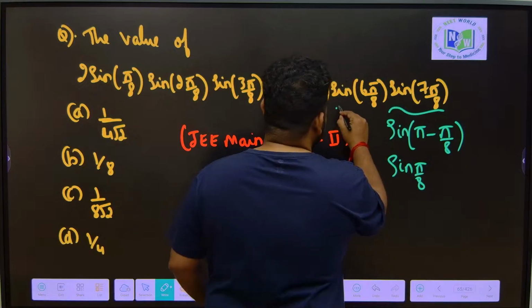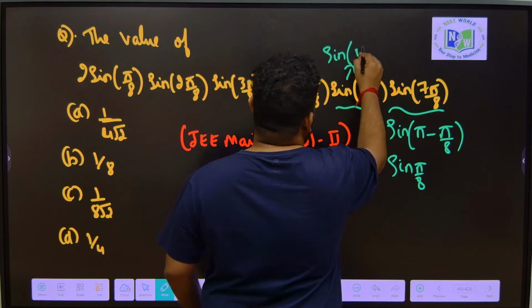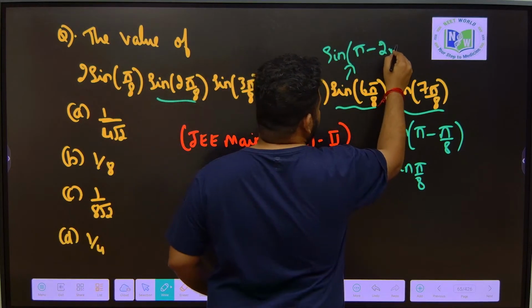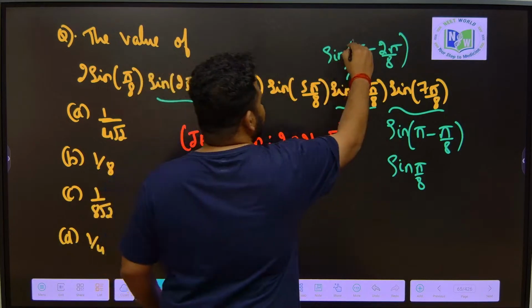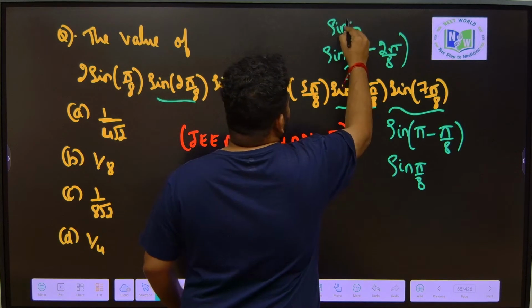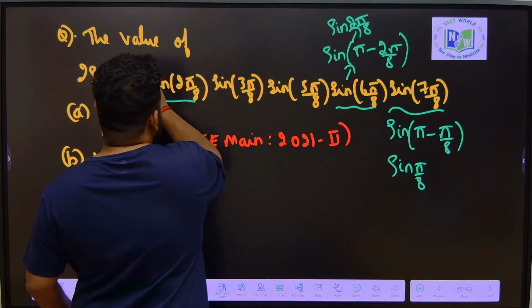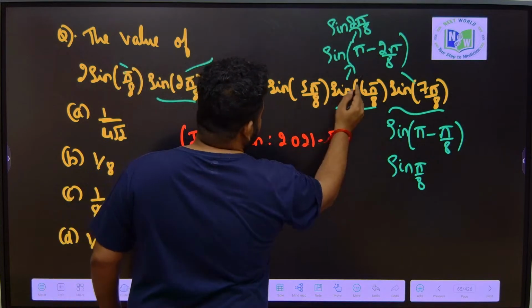What about this one? Sin 6 pi by 8 can be written as sin (pi minus 2 pi by 8), since 8 pi minus 6 pi is 2 pi. So this will be equal to sin 2 pi by 8. Similarly, what will I do?